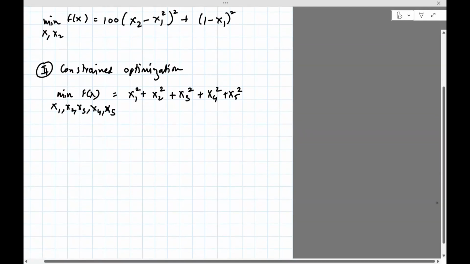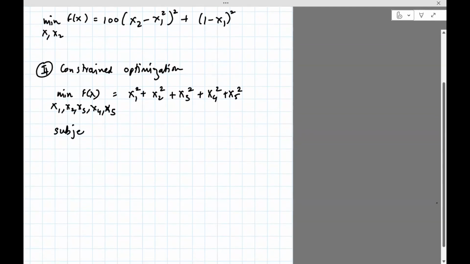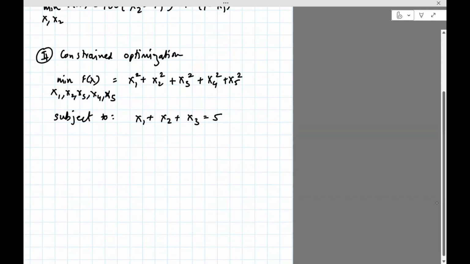So when you have constraints, you will put subject to x1 plus x2 plus x3 equals 5. Clearly 0, 0, 0 doesn't satisfy that constraint, because you'd get 0 equals 5. So 0, 0, 0 is not the solution here. You could have any number of constraints you like.